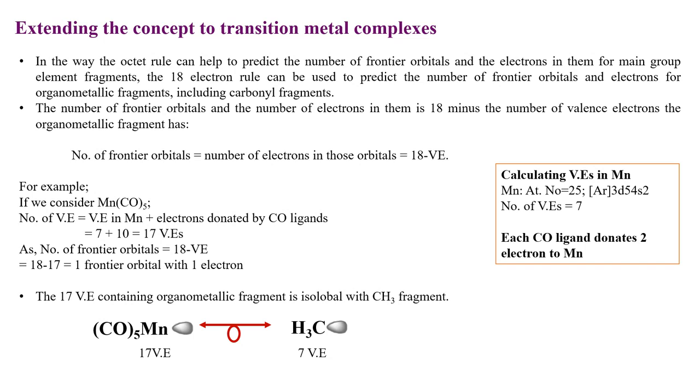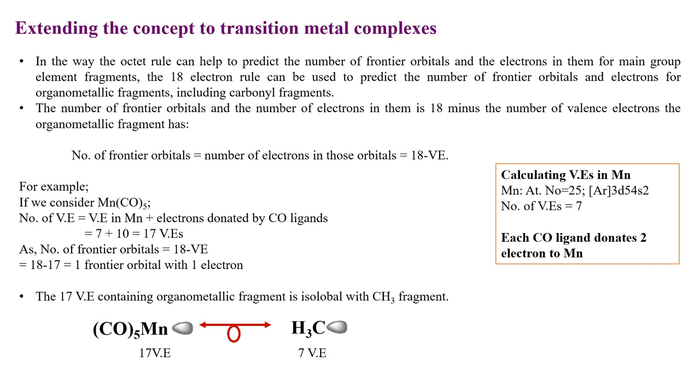In the way the octet rule is a criterion for the p block elements to get isolable fragments from them, similarly here the 18 electron rule is applicable for transition metal complexes. The 18 electron rule has to be followed by them in order to get stable isolable fragments from the transition metal complexes, for us to predict their reactivity towards the main group molecular fragments. So the concept remains the same.